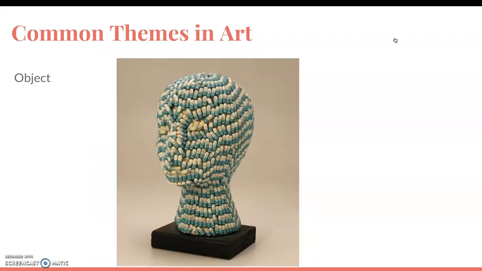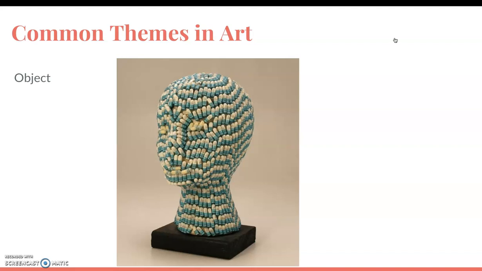And then another common theme is objects. Objects could be just one object by itself. It could be made of several objects. Yes, this is forming the form of a head, but it's not really a portrait because we can't tell who it is. But when we look at it, we realize it is coated in pills. So the pills are the object, even though itself, obviously it's a face.